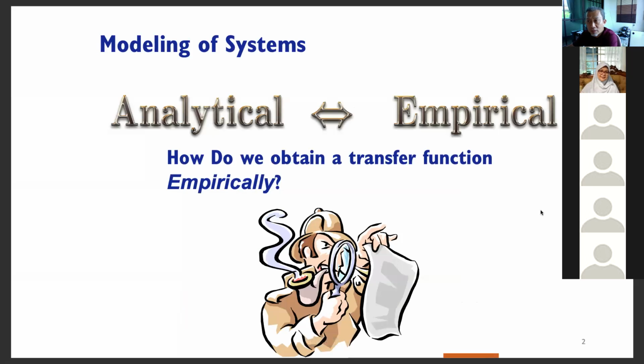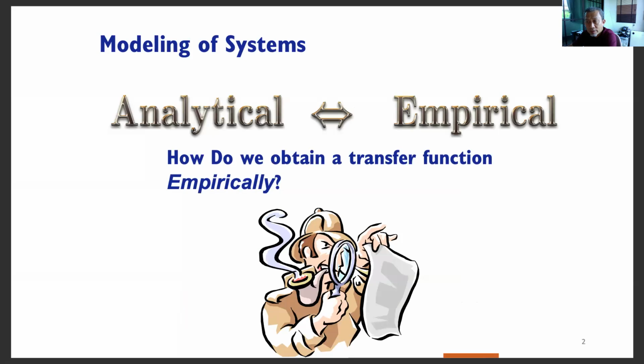So it comes back to the issue of analytical versus empirical. How do we obtain a transfer function via empirical? If the system is unstable, due to the fact that the system has poles on the right hand side of the S-plane, it is not practical to apply empirical or experimental modeling.